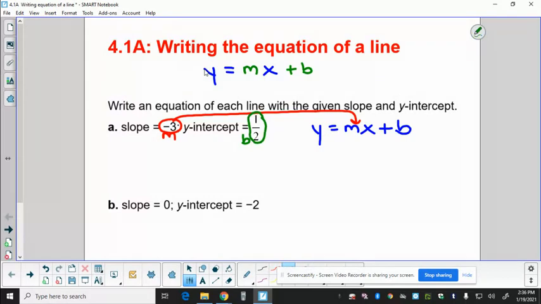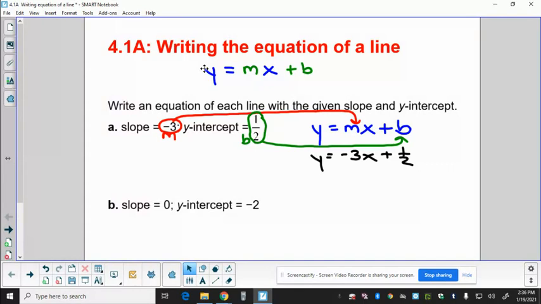And don't let it confuse you or trick you, because normally you see that slope is a fraction. B could be a fraction. So here we go. Y equals -3x plus 1/2. Now, if we wanted to, we could graph that. We've been practicing that, so we know what that would look like.